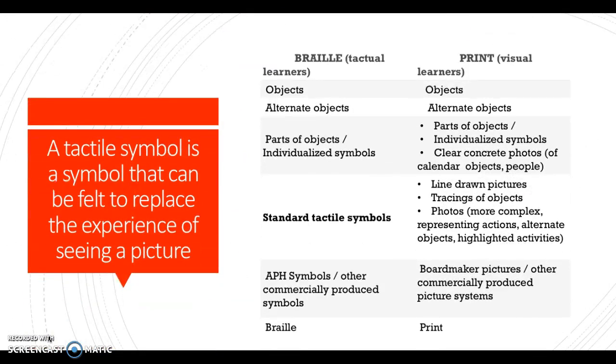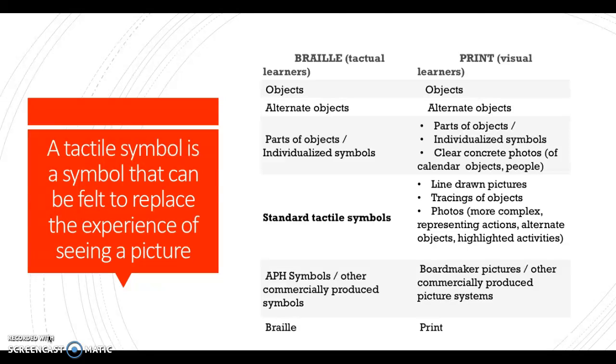Our next slide shows that a symbol can really be anything that is intended to replace a photograph for a print learner. What we have here is a chart from Texas School for the Blind that organizes Braille versus print and identifies the objects, alternate objects, parts of the objects, and individual symbols being the same for both print and Braille learners, but what really differs is when we would use photographs for a sighted learner, then they would use tactile symbols for someone who doesn't have vision.